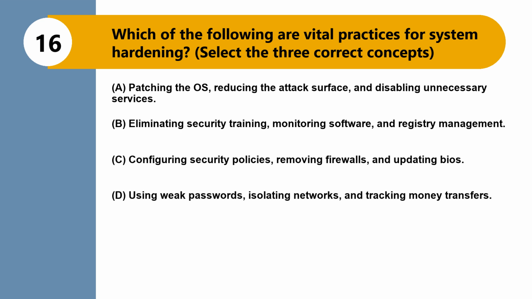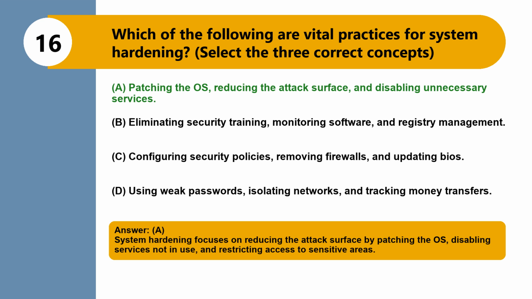Option D. Using weak passwords, isolating networks, and tracking money transfers. The correct answer is option A. Patching the OS, reducing the attack surface, and disabling unnecessary services. System hardening focuses on reducing the attack surface by patching the OS, disabling services not in use, and restricting access to sensitive areas.